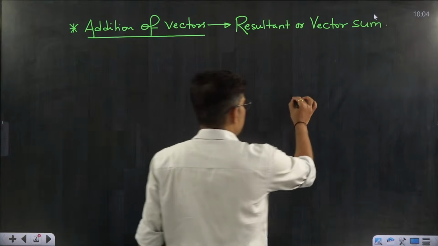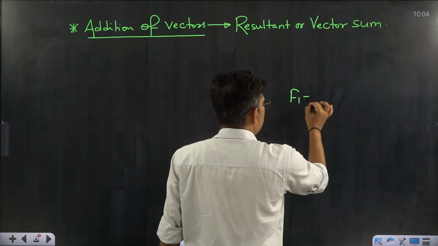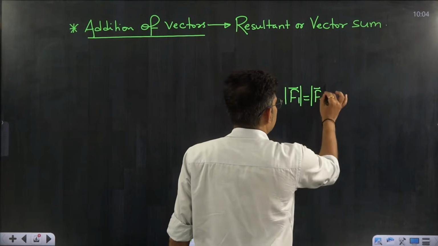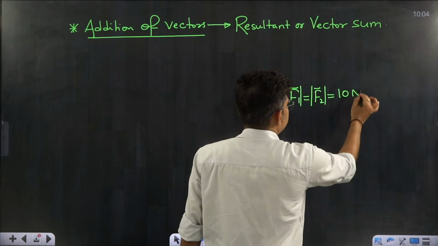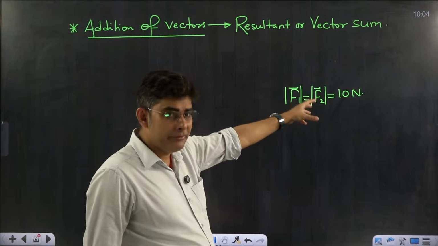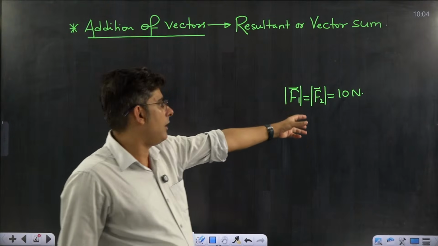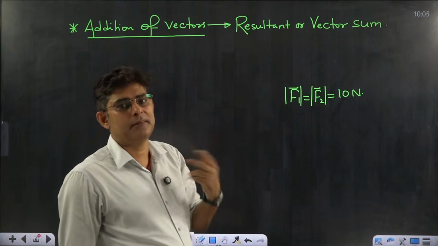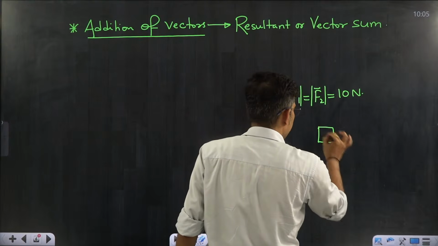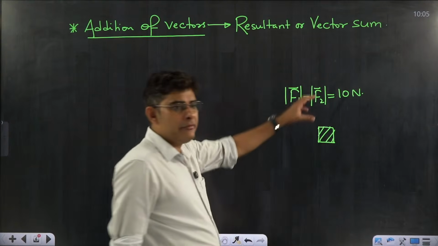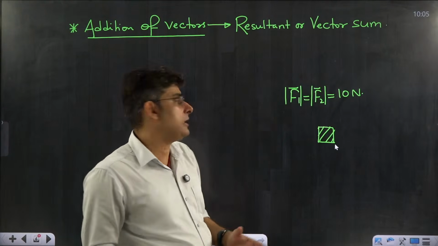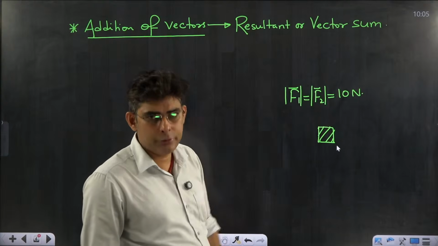Suppose both are vectors, F1 and F2, both their magnitudes I am taking as 10 Newton each, and I have the convenience of applying these forces as per my wish on a body which is kept over here. So I have just mentioned the magnitude. I did not mention which direction I am going to apply the force.